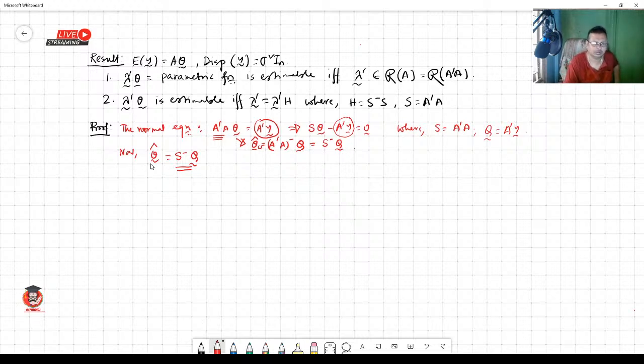So theta curl hat, the general solution of this equation, is equal to G inverse q curl, which is a particular solution, plus I minus H z curl. This is the solution belonging to the error space, where z curl is an arbitrary vector.